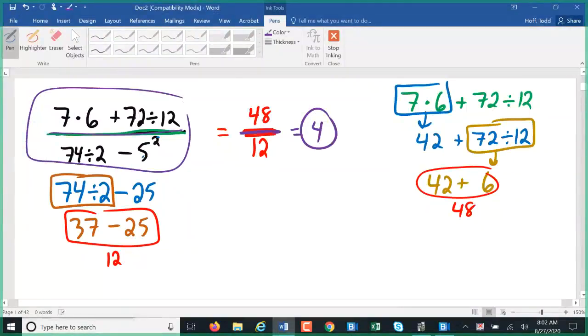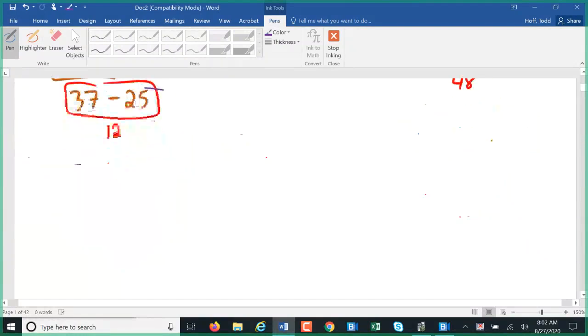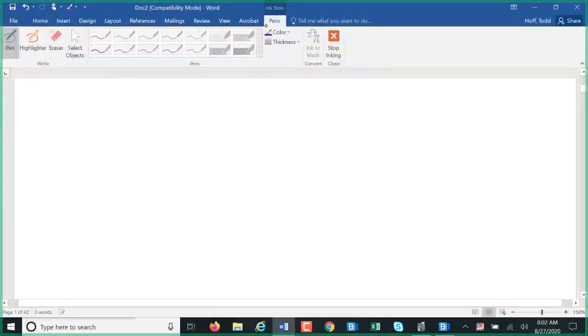There are a couple of models of calculator that do that, but they're not worth the extra money that they cost. So I'd have to put in parentheses in order to account for the fact that that fraction bar is an enclosing symbol. So it gets to be very, very tricky to get those parentheses in there correctly. Another type of problem I want to look at.